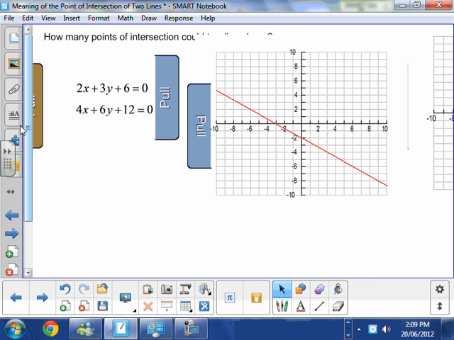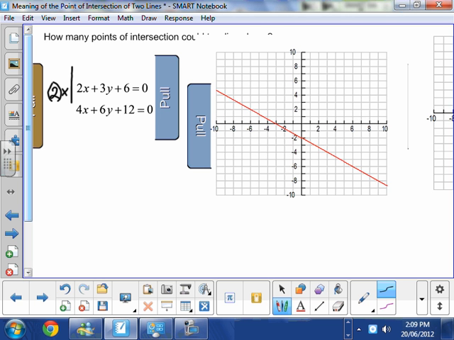Can you explain to me algebraically what you mean by the two lines being one on top of the other? Well, if you look at the first equation, it is actually the second equation divided by 2. Or you can look at it the other way around. If you look at the second equation, it is the first equation multiplied by 2.